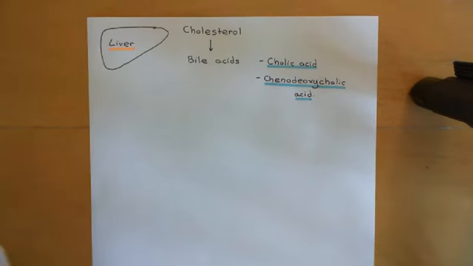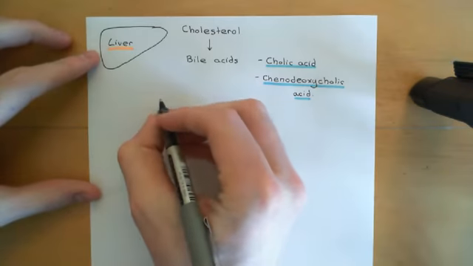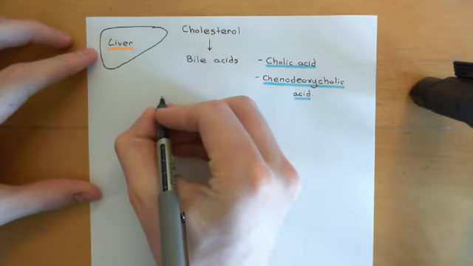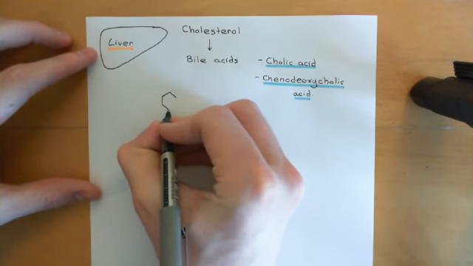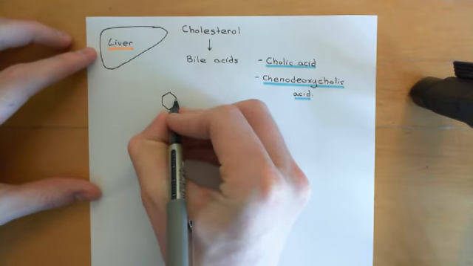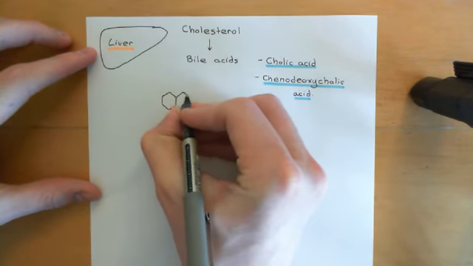So I'm going to draw the picture of cholic acid for you, and then I'll show you all that you have to change to produce chenodeoxycholic acid. Both of these are synthesized from cholesterol in hepatocytes, and they are both sterols, so they have the same core sterol structure, which we'll draw out first.